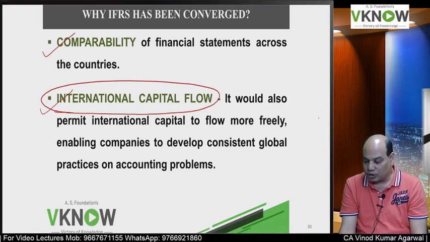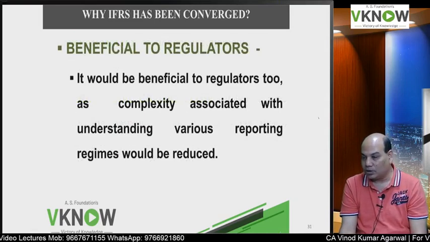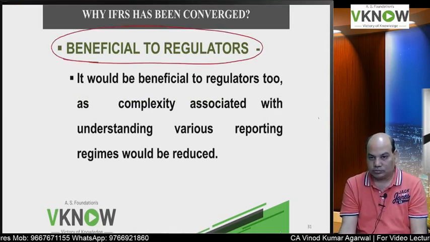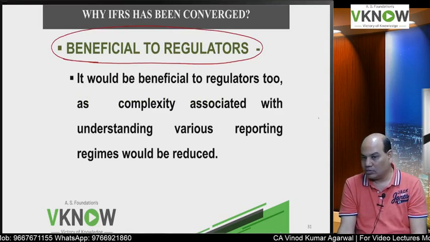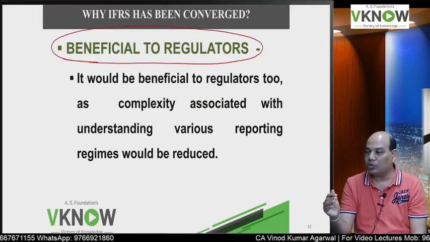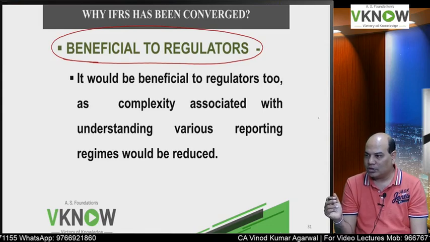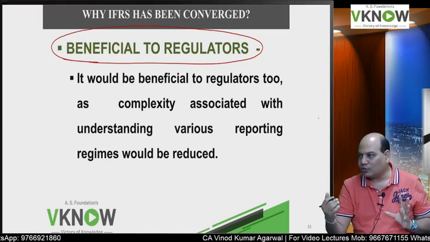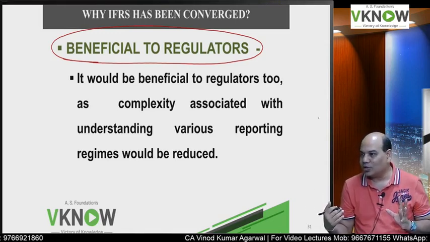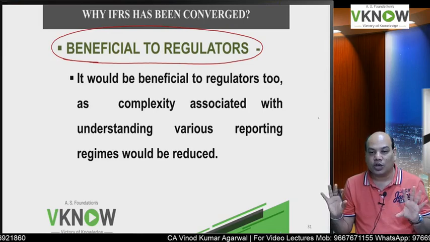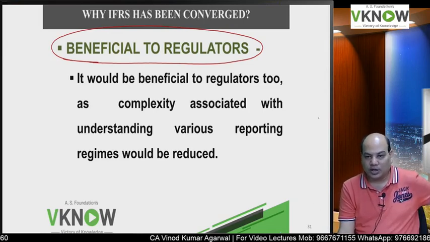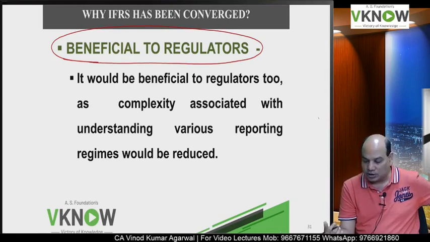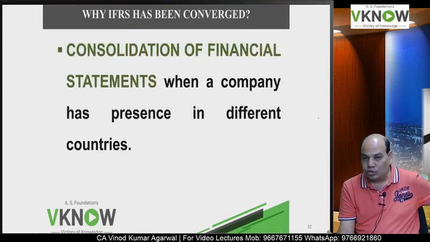So that is why we have to converge, so that we can attract global capital, and in a sense it will become beneficial to regulators also, while making policies, while doing taxation calculation. If you have a subsidiary abroad, and they also follow the same standard, you also follow the same standard, it will be easier for the regulators to do the planning, analysis, formulation of policies, tax policies and other things. Otherwise they are also confused.